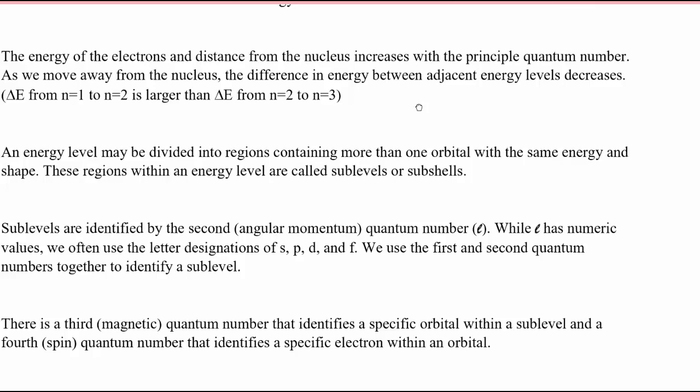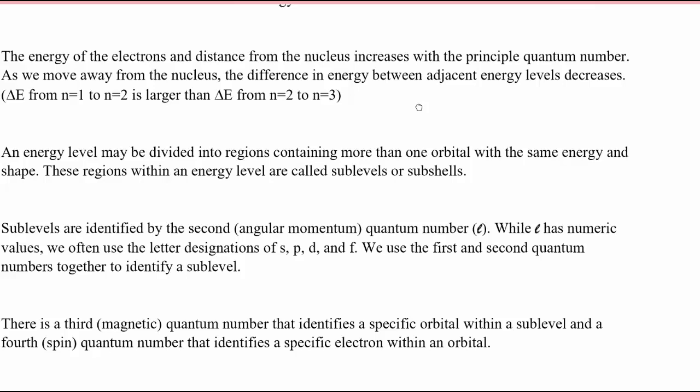All right, we identify these sublevels by what we call the second quantum number. All right, and these quantum numbers would be like variables in the mathematical equation that represents the quantum model. All right, so that's kind of what we're referring to. But again, we're only looking at them conceptually.